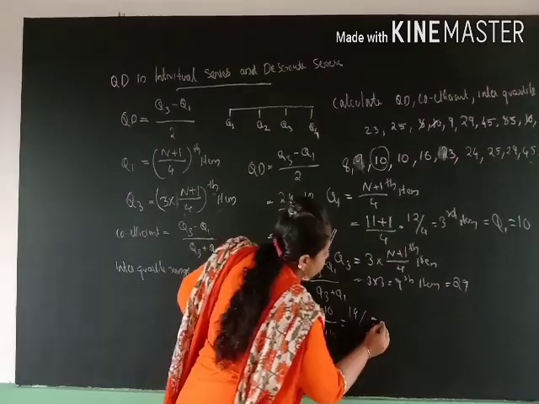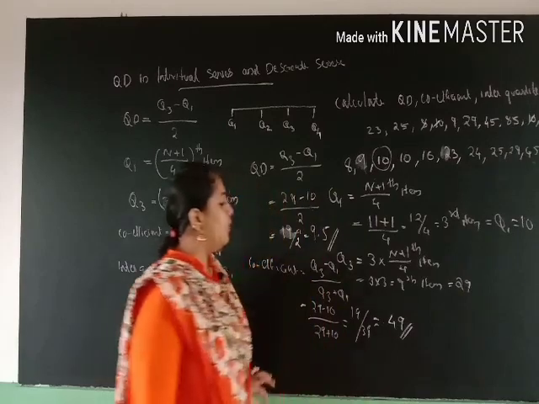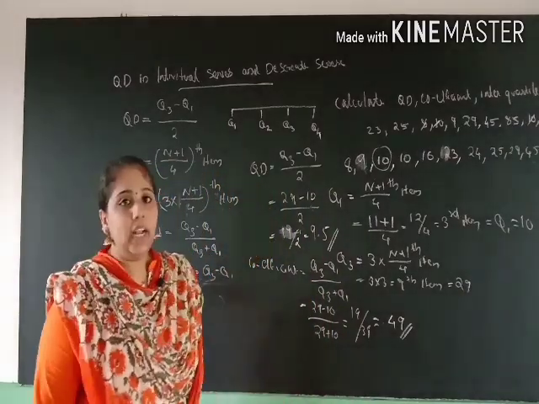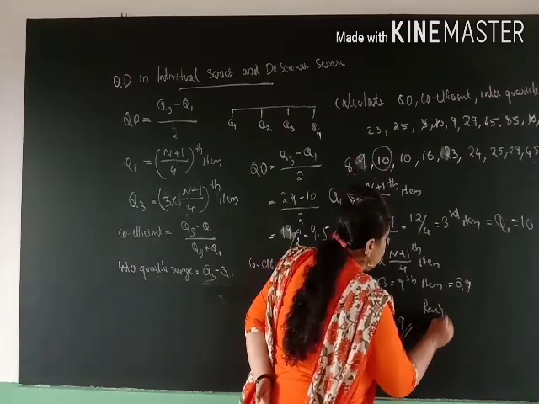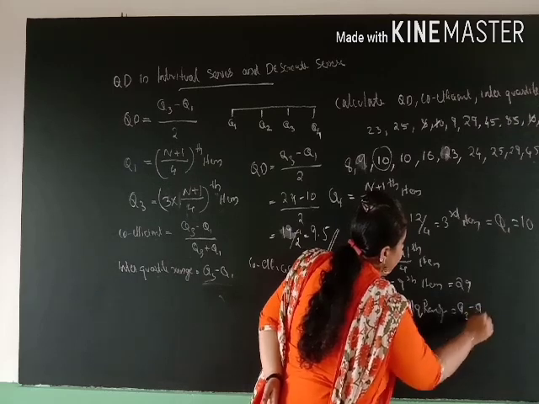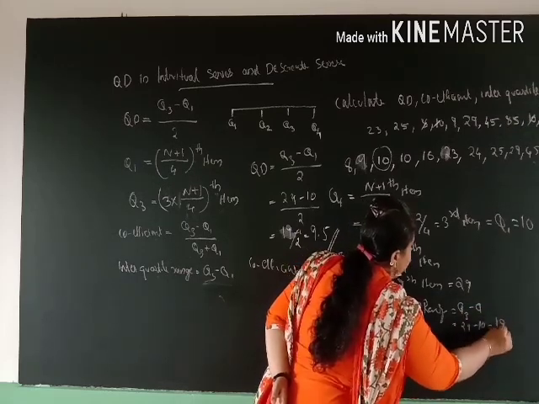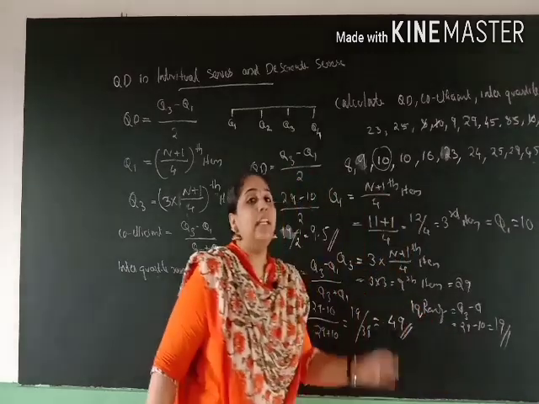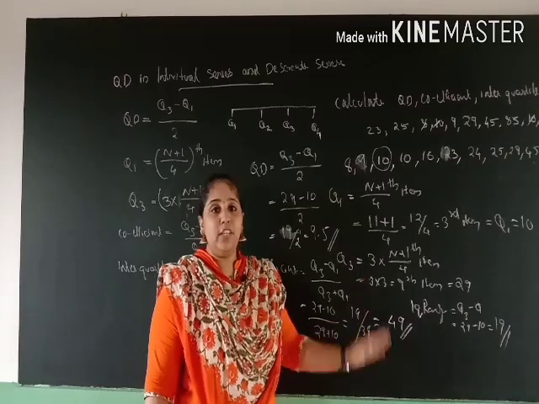We will get 0.49. Next, we want to calculate the interquartile range. Interquartile range equals Q3 minus Q1, that is 29 minus 10, 19. So, these are the calculations for quartile deviation in an individual series.